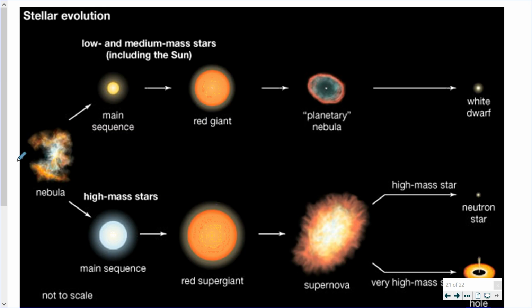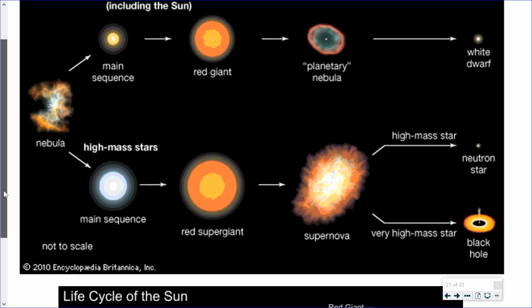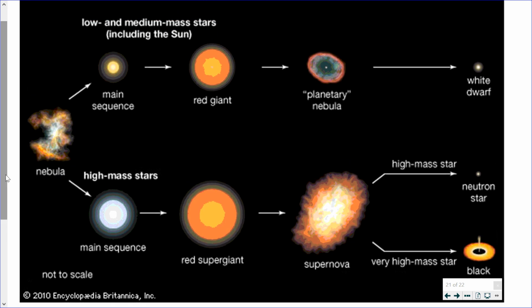You do need to know a little bit about the fate of stars and star evolution, at least in terms of the basics, and that is what I do have on this slide here. So all stars begin as what's called a spinning nebular cloud. Eventually, gravity is going to pull them in, and this increased pressure and temperature is what is going to cause those thermonuclear fusion reactions to take place.